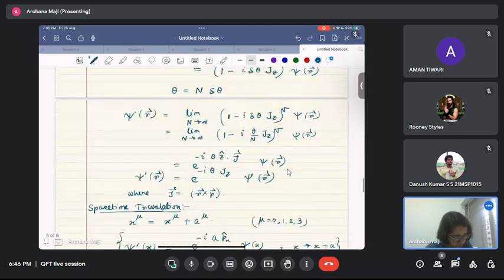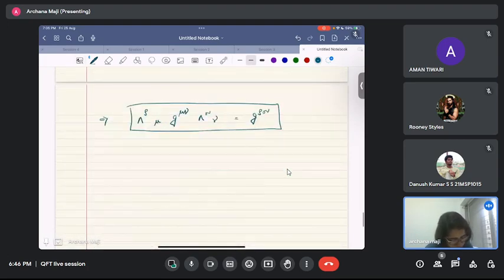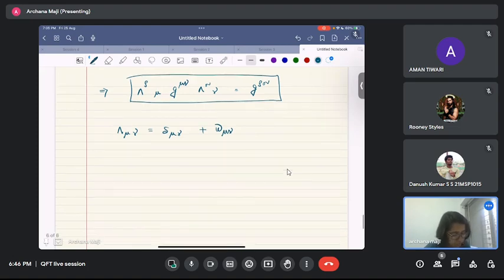Suppose we consider this lambda to be delta mu nu, which is again the identity matrix but 4 by 4, plus a generator, call it omega mu nu. And if we replace this in this constraint, then it turns out that omega mu nu plus omega nu mu is equal to 0. Let me try to derive that.